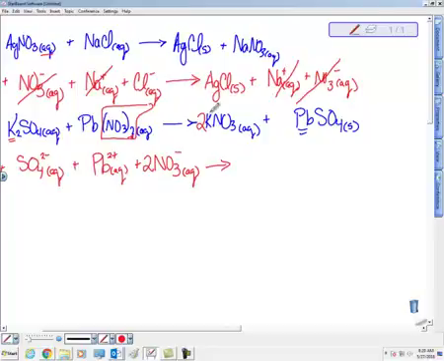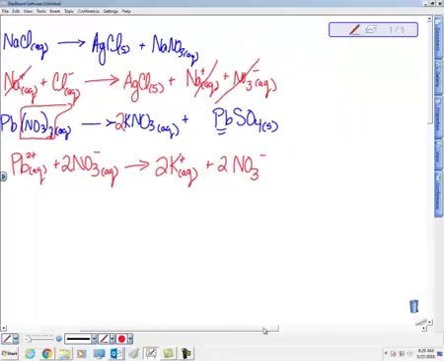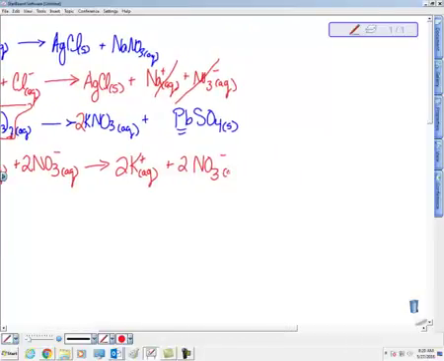So we have a coefficient indicating that we have 2 of these compounds. So I'm going to keep the 2 coefficients that I had originally on the potassium and on the nitrate. They should follow, because it is a balanced reaction. And then you have a solid product here, lead sulfate, so keep him together.